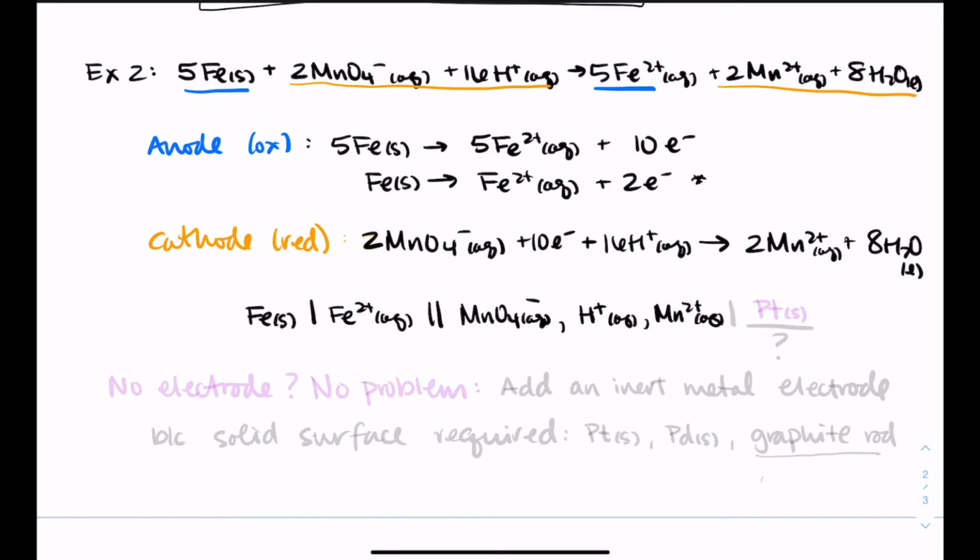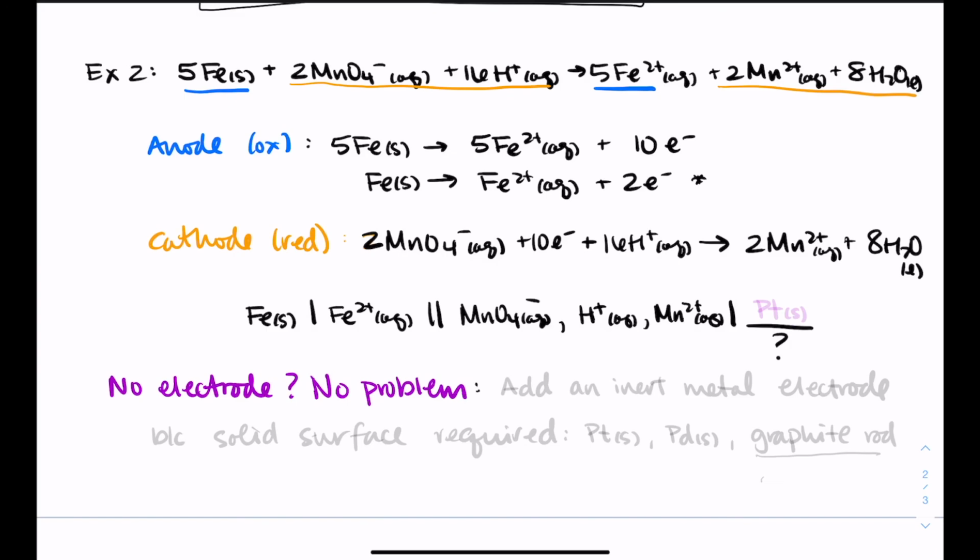The electrode is just there to gather and carry and present electrons for whichever side of the reaction it happens to be on. So you can just add an inert metal electrode for that solid surface. So you must add a solid electrode of some type if you don't have one naturally.